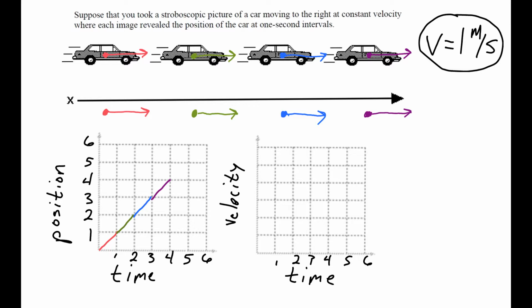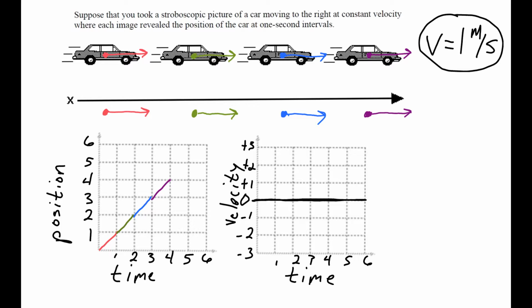To set up our velocity time graph, this is our 0 line. So we can have positive velocity or negative velocity, but this is 0 velocity. This is -1, -2, and -3. And going up, we have +1, +2, and +3.